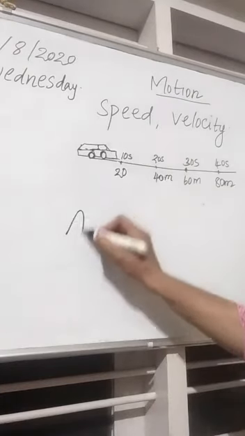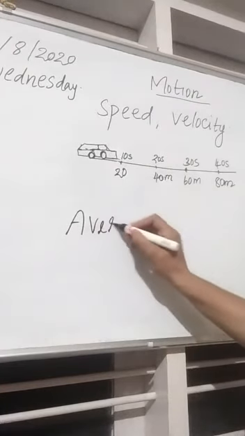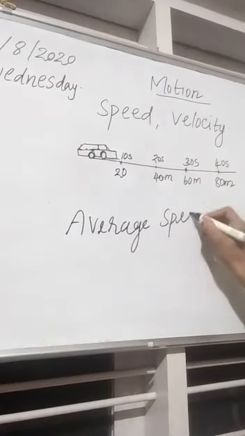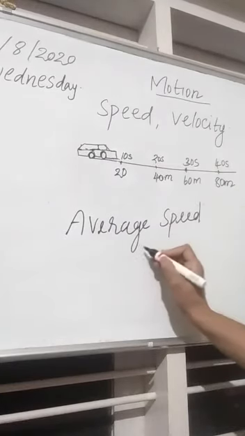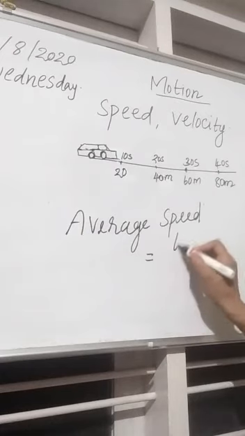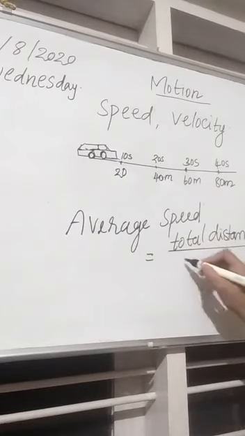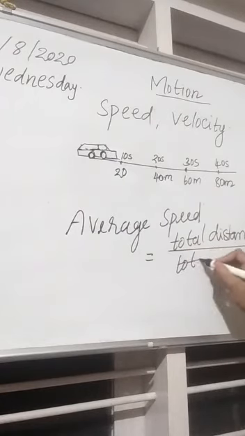Average speed is equal to total distance traveled by total time taken, the time taken to travel that distance.